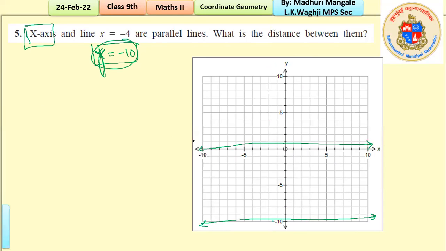So one way of doing it is simply to graph both the lines, highlight the x-axis, show your y equals negative 10, and then it's clearly seen that the distance between them is 10 units.